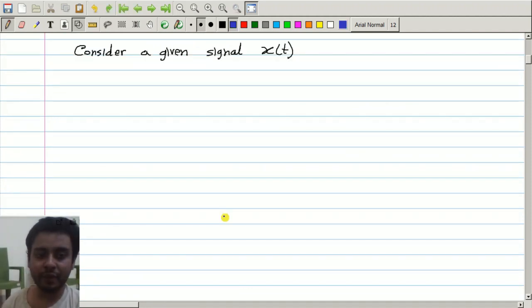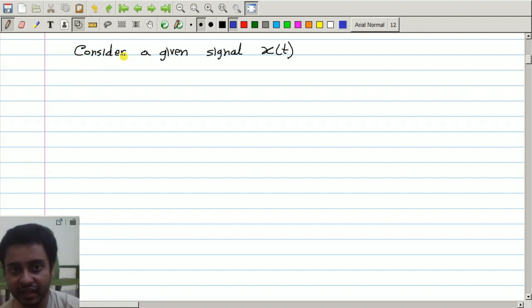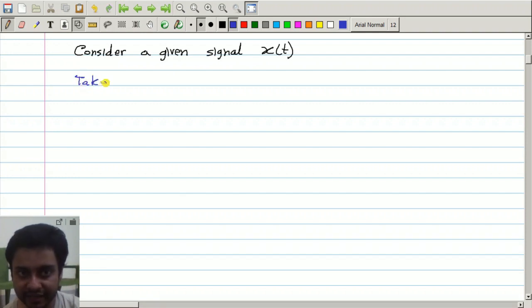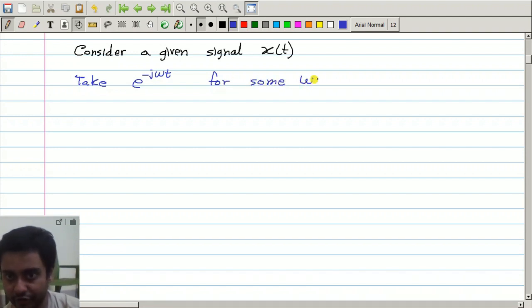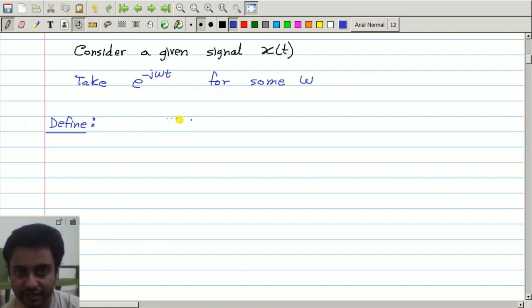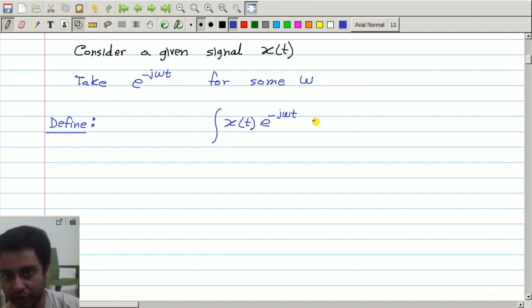Now let us do some mathematical jugglery. Consider a given signal x(t) and then take a signal e to the power minus j omega t for some value of omega, whatever you like, whatever you choose. And then let us define the following quantity. First, we shall multiply the given x(t) with the e to the power minus j omega t that you have chosen. Then we shall integrate the product over time t equal to minus infinity to plus infinity.